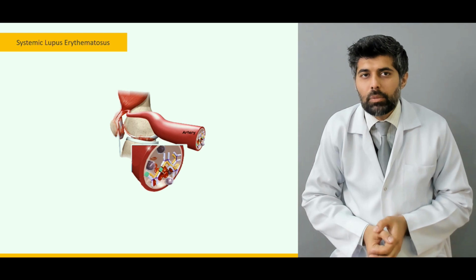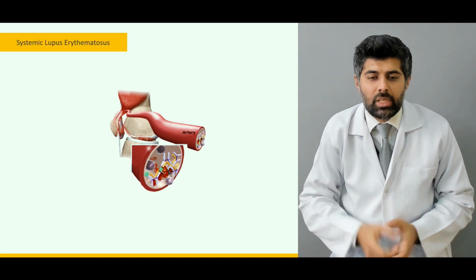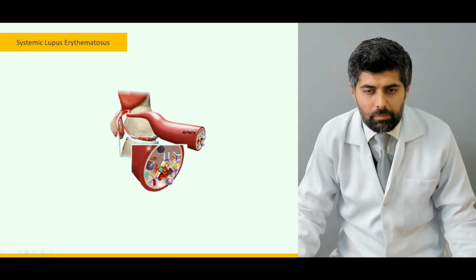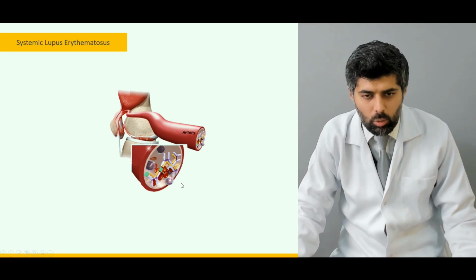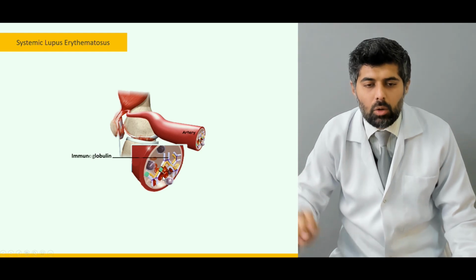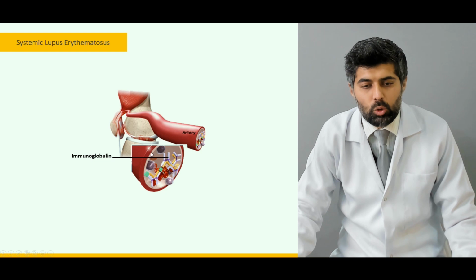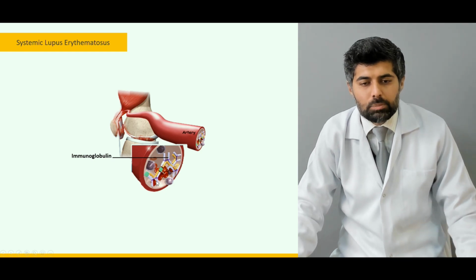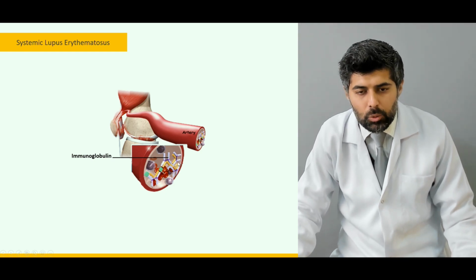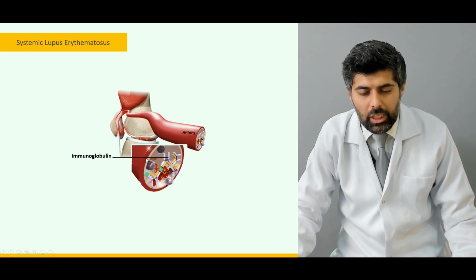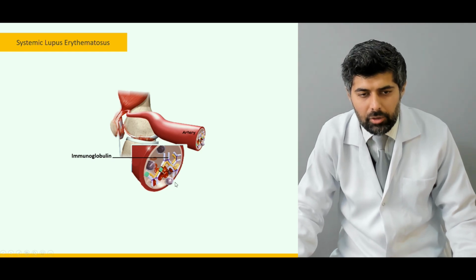Here is an example of what happens in SLE. This is an artery with its lumen cut out. This is the zoom in of that cutout. Now, here you can easily see that this hole is an immune complex, and it has particularly attached to the endothelium or the intima of the artery.